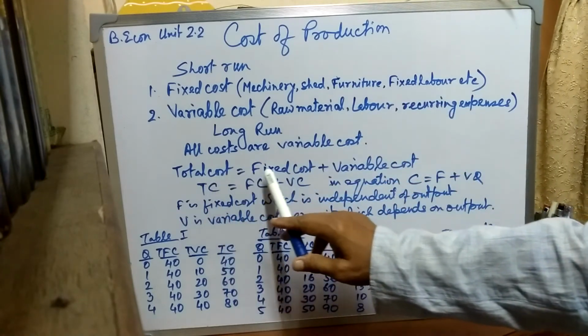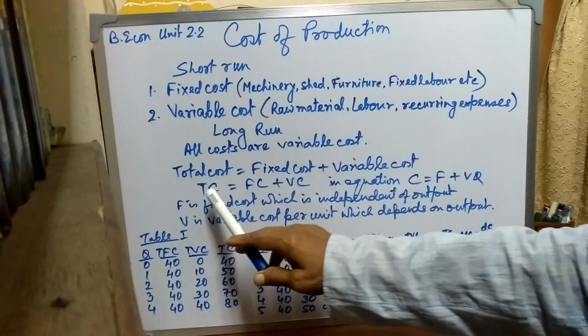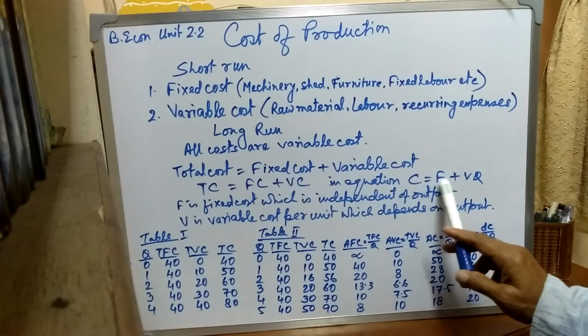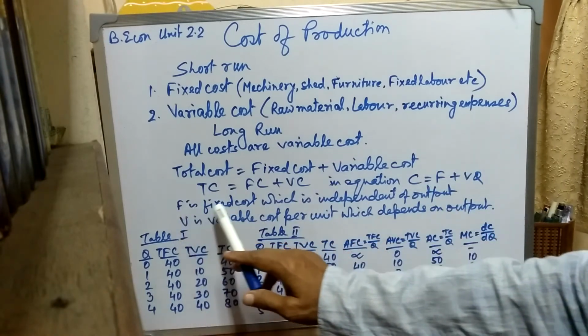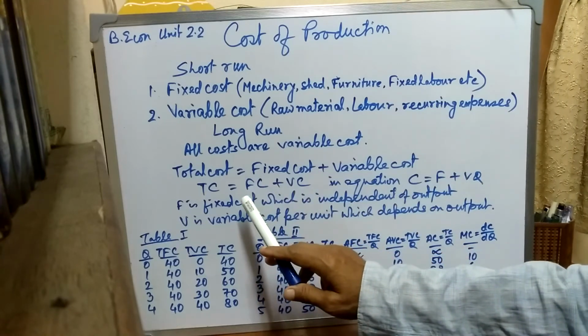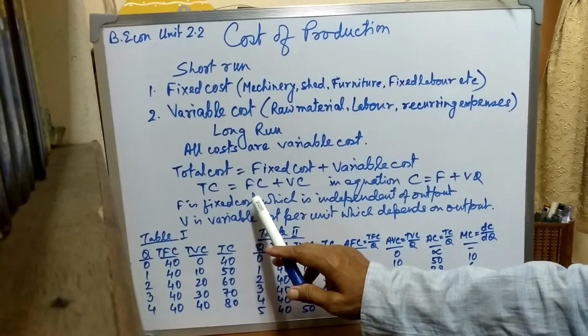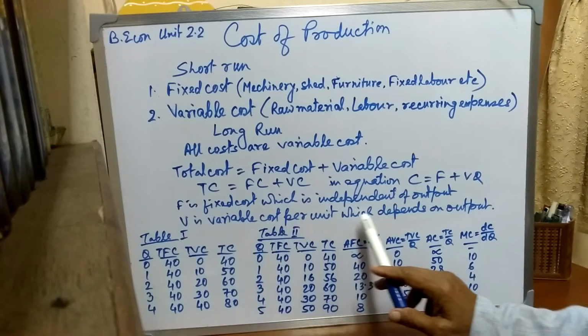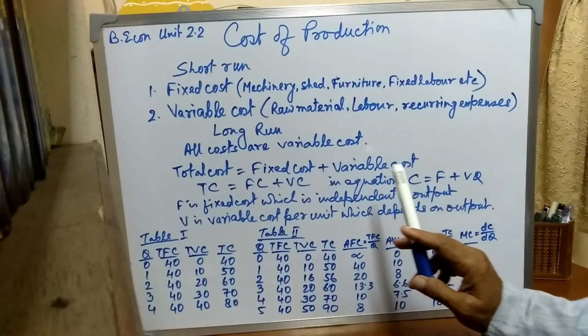So total cost is fixed cost plus variable cost, TC equal to FC plus VC. In equation, it will be C equal to F plus VQ. F is fixed cost, which is independent of output. It doesn't change in any form. And V is variable cost per unit, which depends on output.